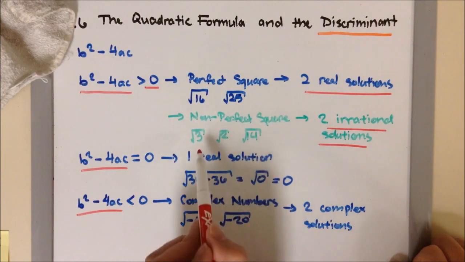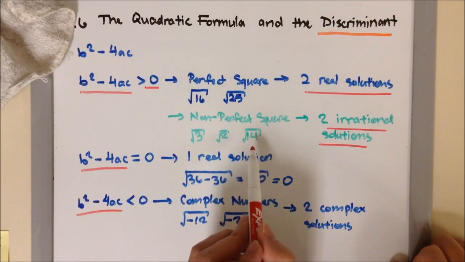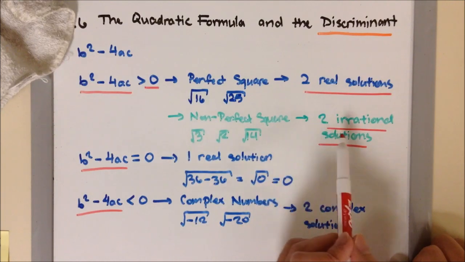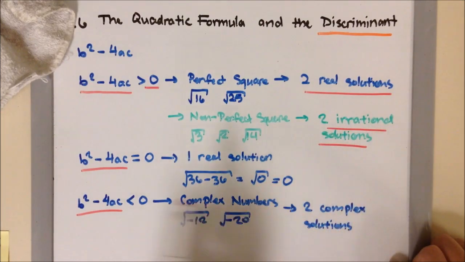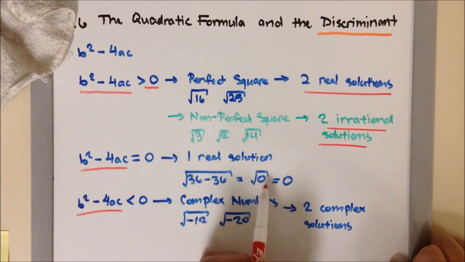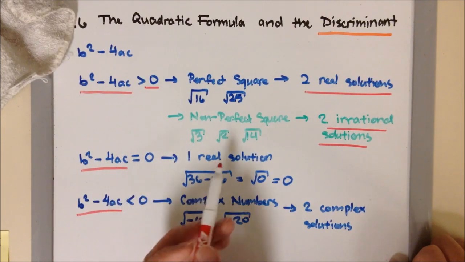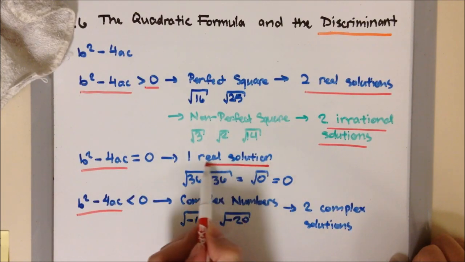If it's a non-perfect square, like 3, 2, 14, or even 24, or even 5, 2 irrational solutions. When you have a 0 inside the square root, meaning when b squared minus 4ac equals 0, it's just going to be 1 real solution.